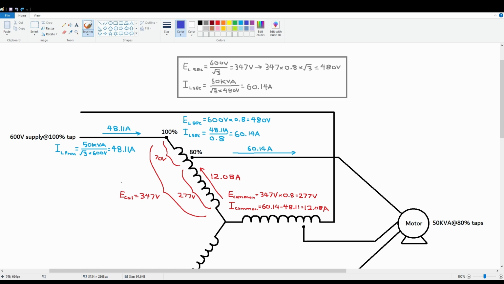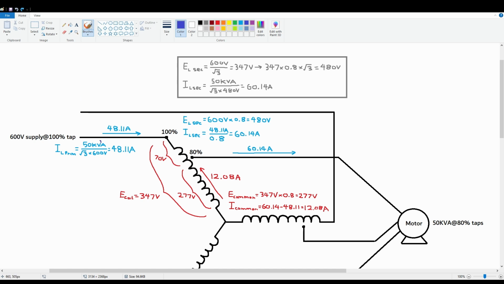So first of all, what we're going to find is the primary line current right here. We're going to use our three-phase formula for this one. So we start off with 50 kVA. This is because of the transformer rule, kVA in equals kVA out.